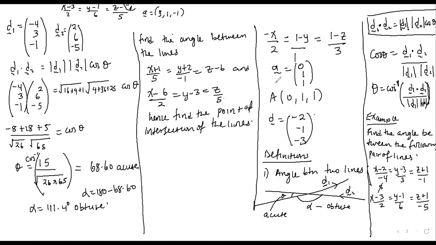D1: 5, -1 and 1. Correct. Identify D2: 2, 1 and 5. Correct. So go ahead and get the angle.